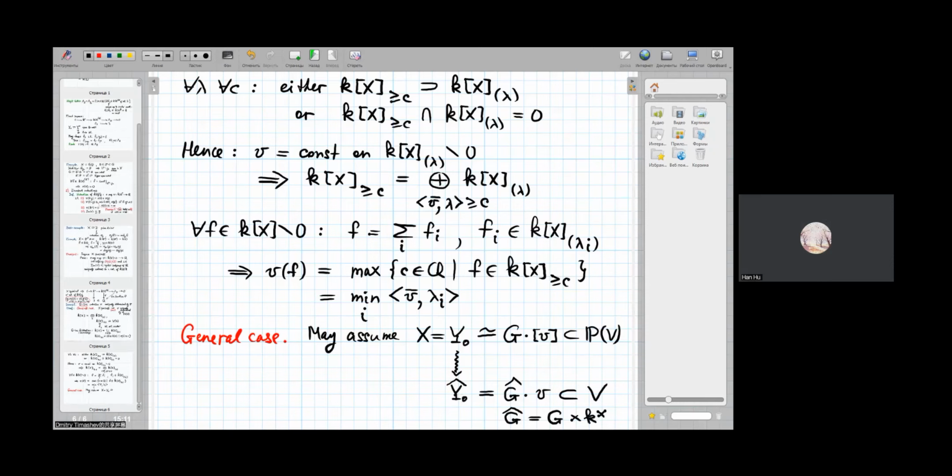If you want to have the picture, you have this Y_0, an orbit in the projective space, and you have the cone of this orbit with 0 removed. So the punctured cone over this orbit.